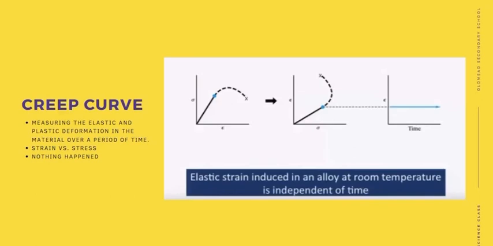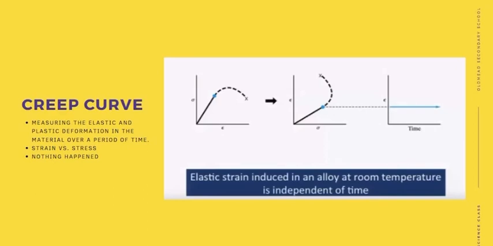So it was the strain and the tensile test before, and after that you can see that the second part somehow differs in its performance, since again this is a strain versus stress test. But on the third part, you can see on the time graph that nothing has happened.